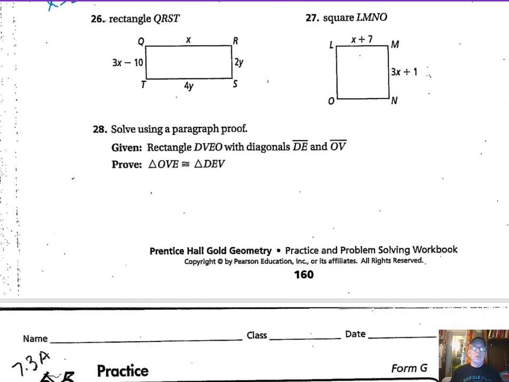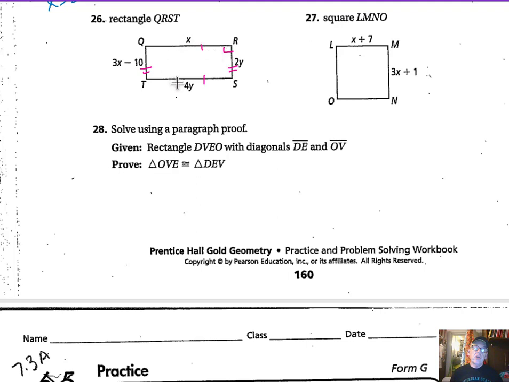For number 26, it tells us we have a rectangle. That means right angles, opposite sides parallel, and opposite sides congruent to each other. So x is equal to 4y, and 3x minus 10 is equal to 2y. So what can we do with that?